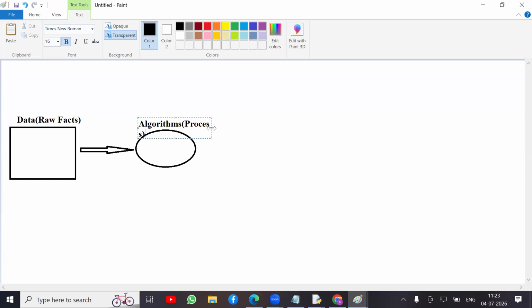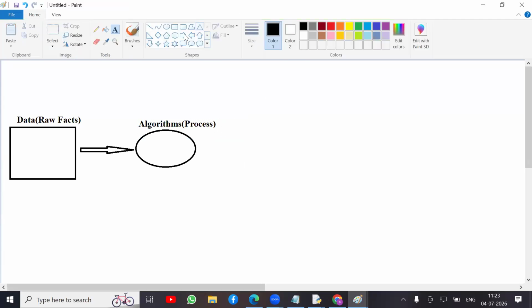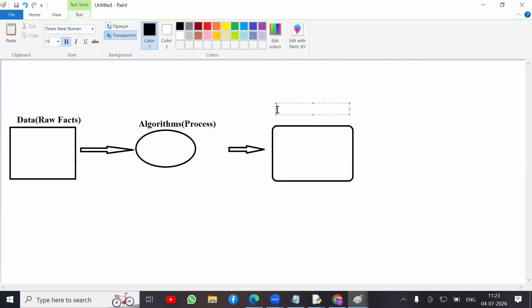We can process the data. We will get useful information. That is our output.